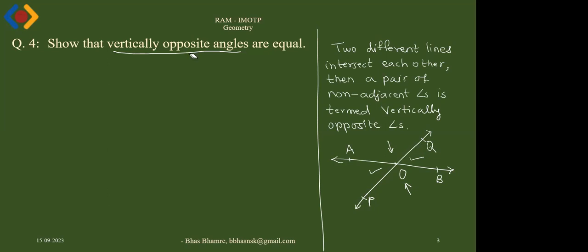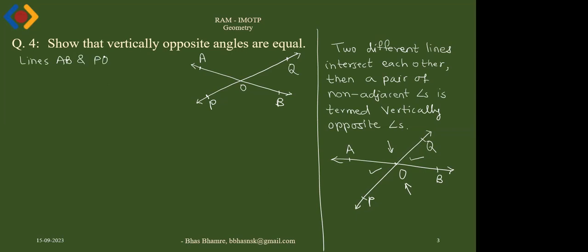So for writing the solution, the proof, we consider the figure. And yes, you have to write along with me. That is always a better idea for us. I may continue the same names. So here we say that lines AB and PQ intersect at O as shown.